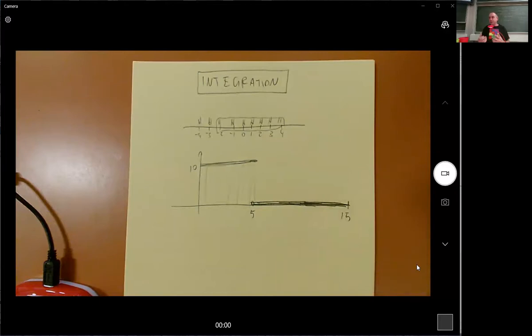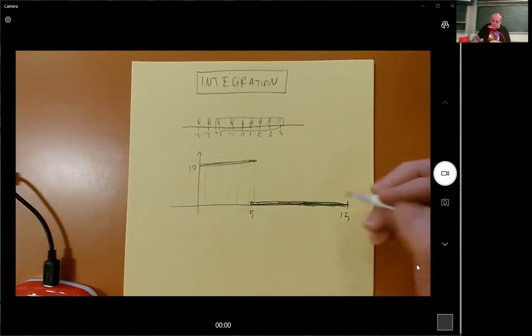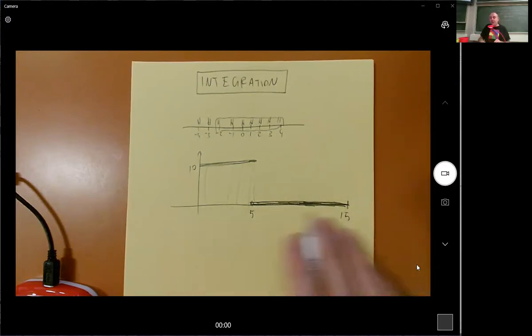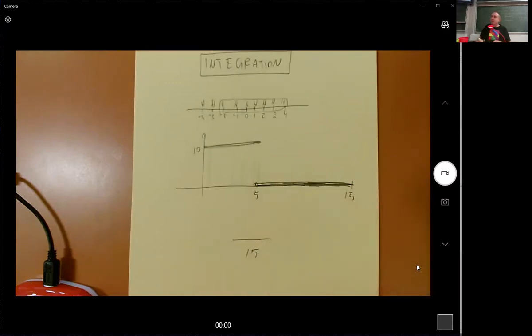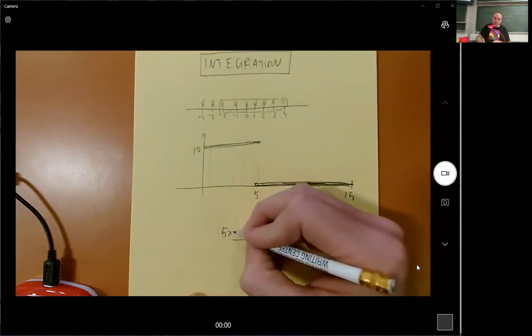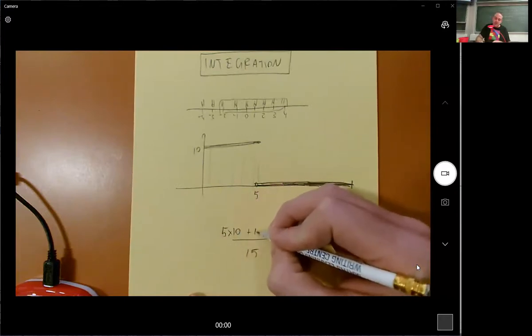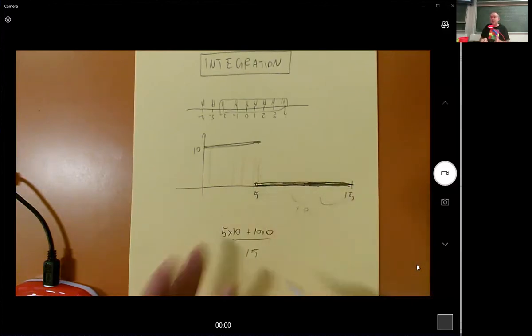To figure out the average, it spent 15 amount of time, so you have something divided by 15, and across that time it spent 5 minutes being 10, and then 10 minutes being 0. And so that would be the average.